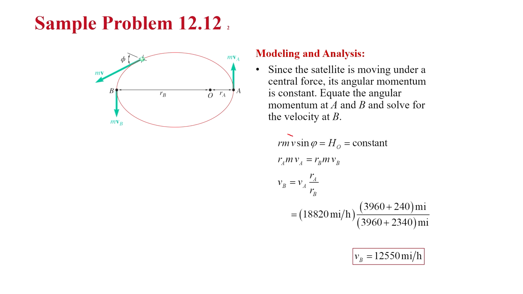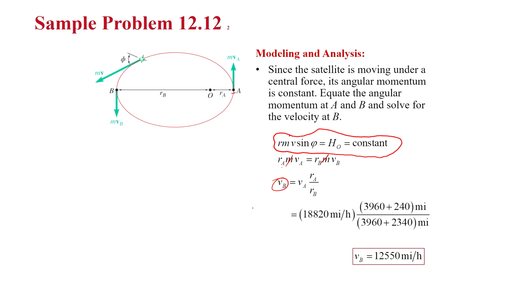So we start from, since we're not given any vectors, we're going to use the equation where we're given r, m, v, and sine of the angle. So we want to find a point A and point B. They're telling us that the angular momentums are the same. So r, m, v at A equals r, m, v at B. So the masses are the same.